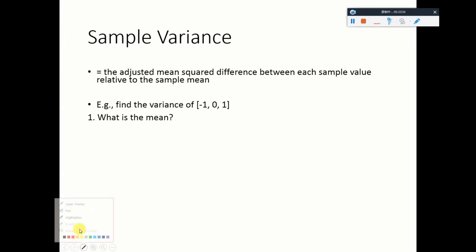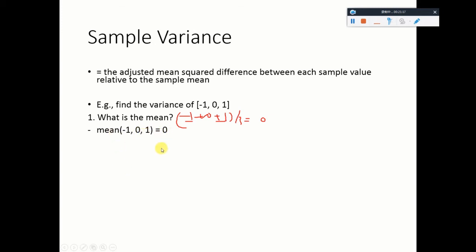Should be easy. It should be -1 plus 0 plus 1, divided by 3. That will give you 0. The mean of these three values is 0.